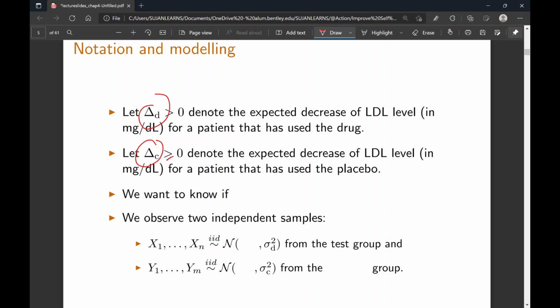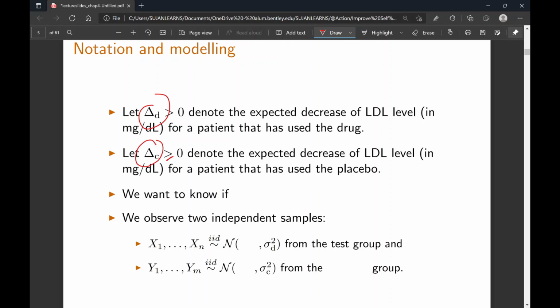It should be greater than or equal to zero. Now let me give you an example. If the cholesterol goes from 230 to 180, then delta is 50. That's how delta is measured.